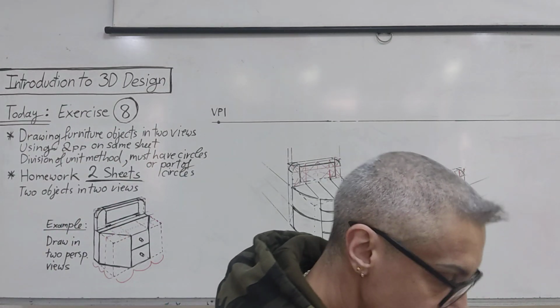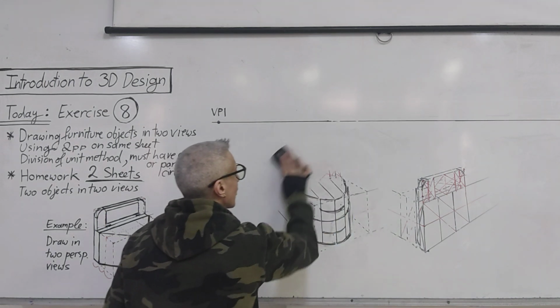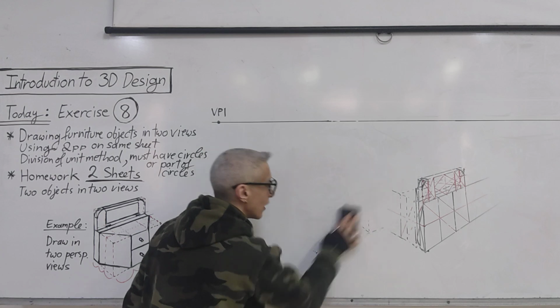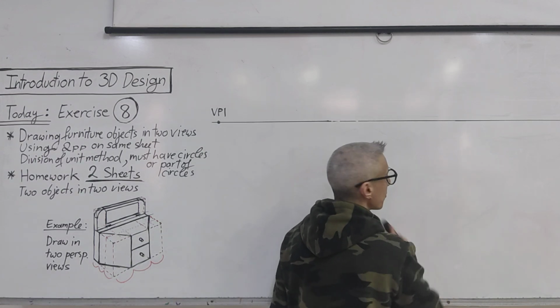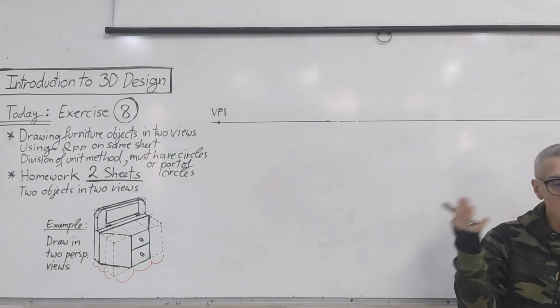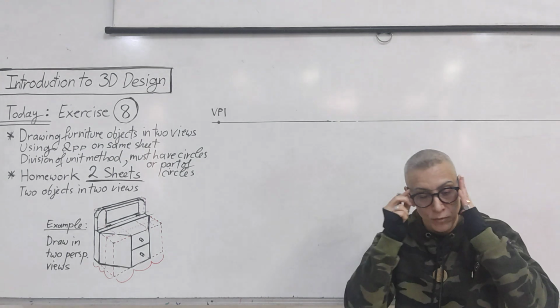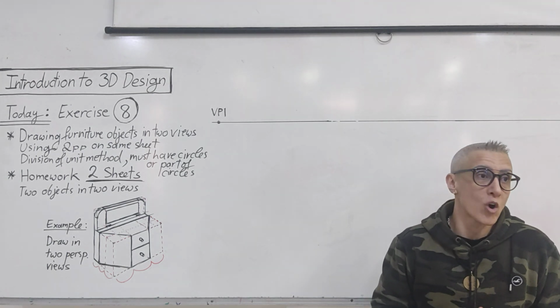Now, what you need to do for your homework is draw a furniture piece from your mind, okay? You can look at something, of course, and try to draw it, but not copying drawings.